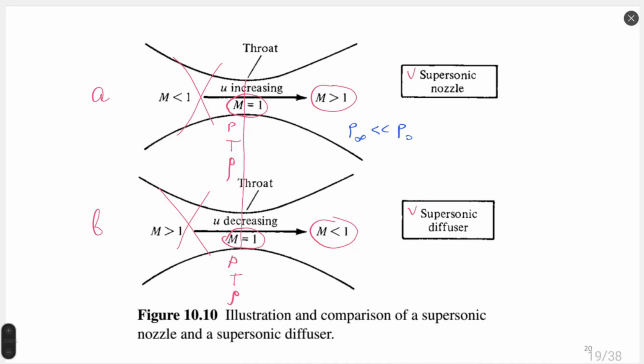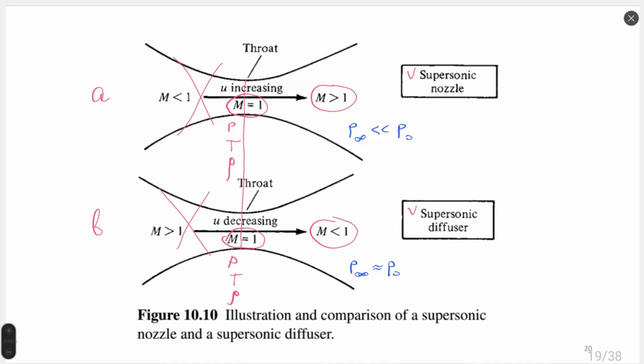And in case B, ambient pressure is similar or the same as stagnation pressure, so the flow is decelerating. Due to the pressure gradient, this happens. So the answer is what you have on the outside, on the exit, not on the entrance, what you have on the exit of this structure.